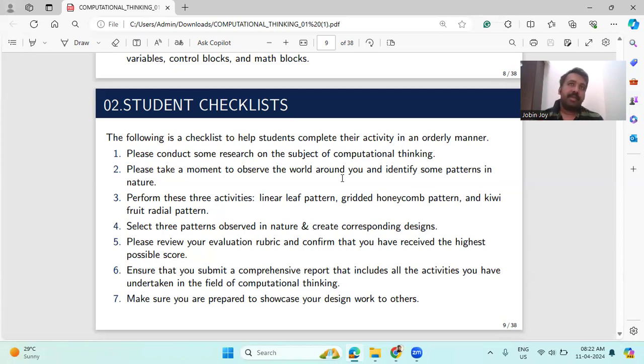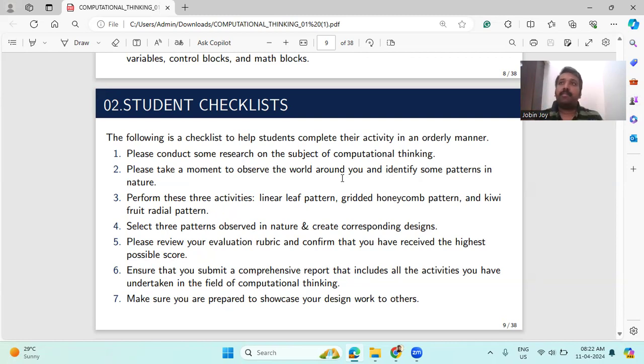All the activities means the research activities you have finished related to computational thinking, the 6 designs you have recreated in Tinkercad application, the nature observation, the problems and challenges you faced, and finally a conclusion based on the activity. So you have to submit a comprehensive report to the instructor. That is the next point.